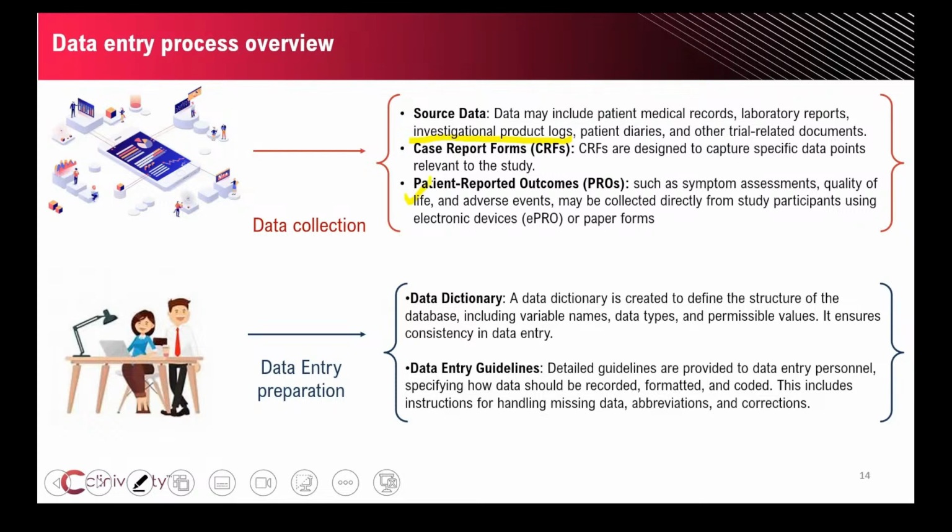So there are various such scales and various questionnaires which the patients themselves answer. And that information again becomes very vital for the trial. Now it can be in the form of ePRO, which will be electronic devices. Some of these questionnaires or symptom assessments use handheld devices, or electronic devices which are attached to the body of the subject or the patient.